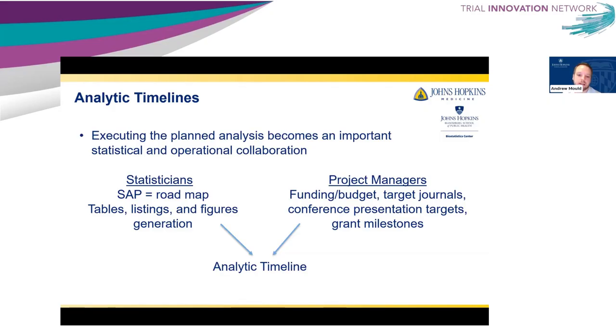It's also increasingly prevalent to find grant milestones tied to these key outcomes of the analysis being complete, the manuscript being submitted, or even the data repository step that I'll get into in a little bit. Next slide.